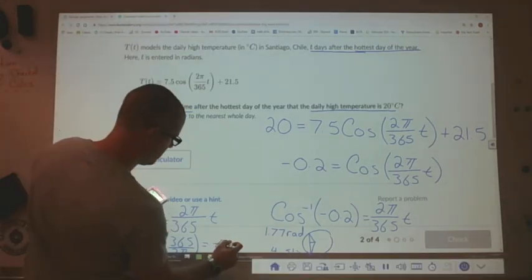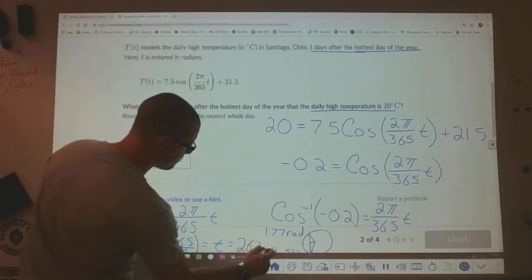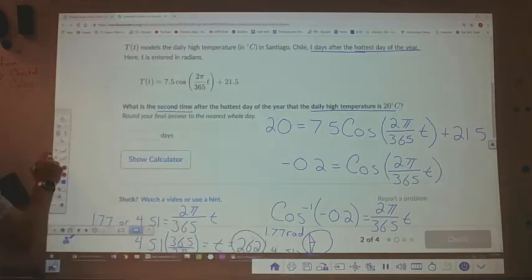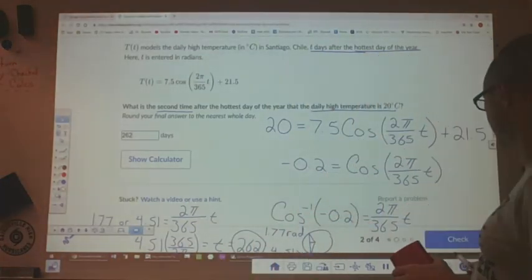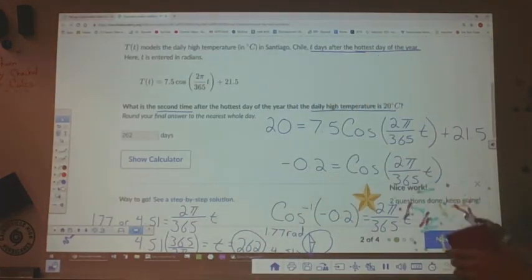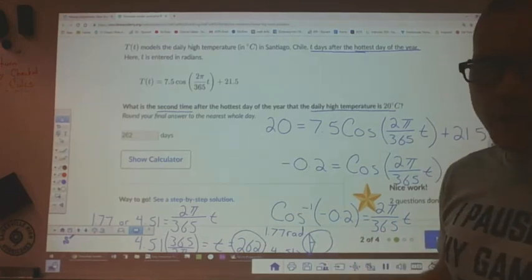So about 262 days. Let's see how we did. Let's put in 262 days. Let's see if that is correct. Good. That's okay. It's difficult. It's a weird way of thinking about it.